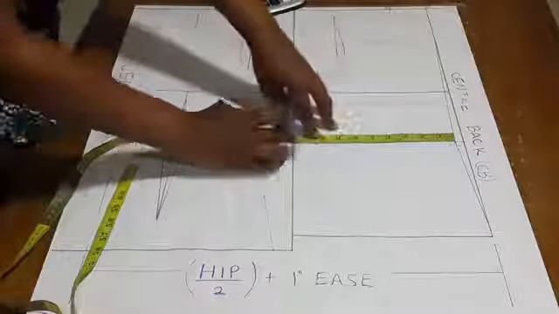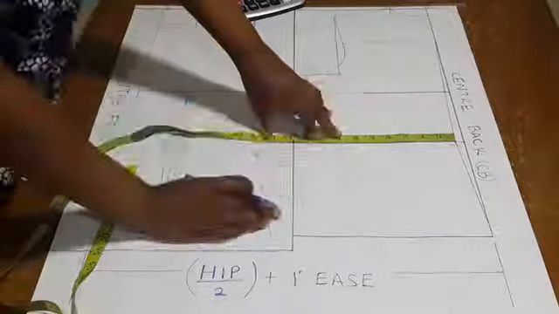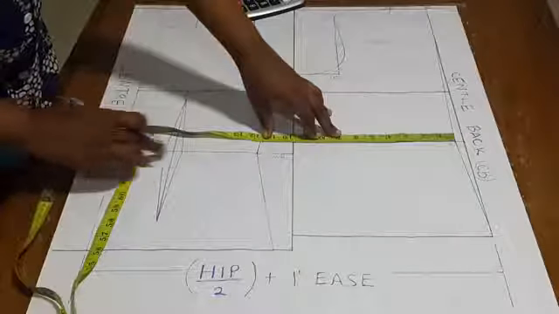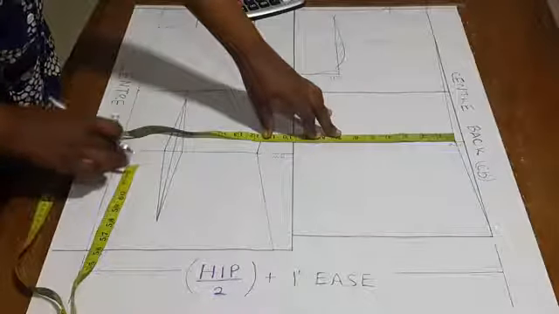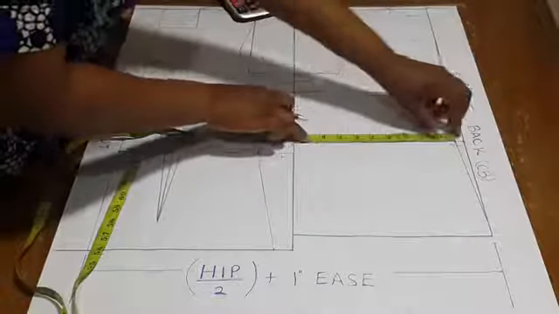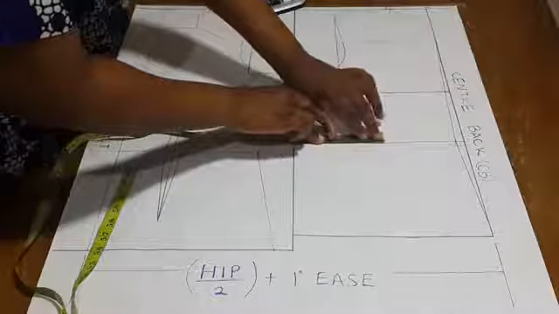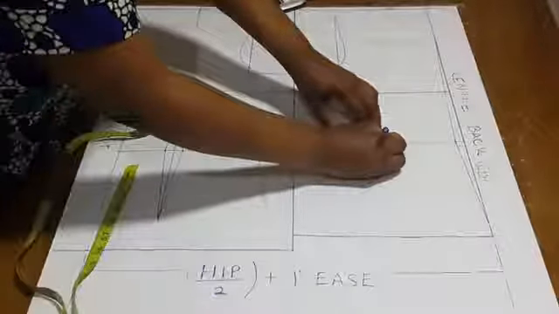Now there are two methods of inputting the waist dart. You can either still use the bust span size that you used here, which was 3.25, or you use the waist size plus that divided by 2, finding the midpoint just like I did here.